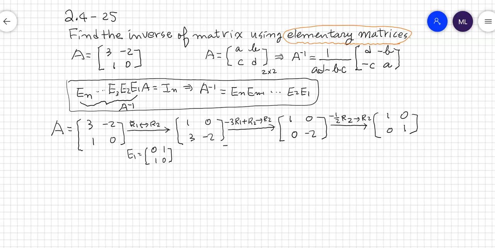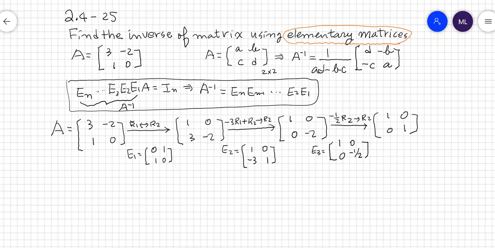By the way, what is the elementary matrix for the second operation? Negative 3 R1 plus R2 to R2 gives 1, 0, negative 3, 1. And the last one is E3, which is R2 to R2 basically, so 1, 0, 0, negative 1 half.